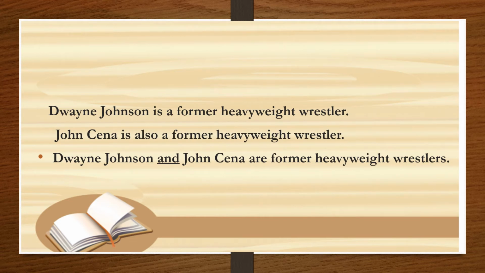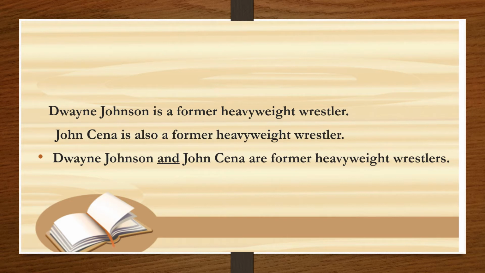Now, let's check the next one. We have: Dwayne Johnson is a former heavyweight wrestler. Another: John Cena is also a former heavyweight wrestler. So, we come up with: Dwayne Johnson and John Cena are former heavyweight wrestlers.